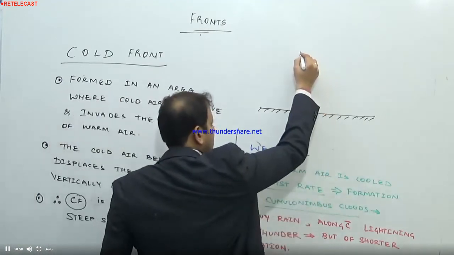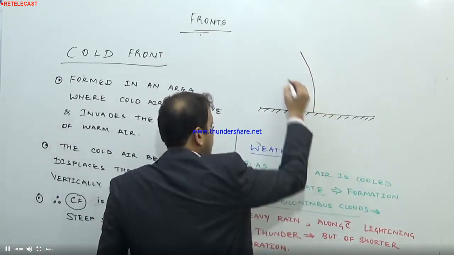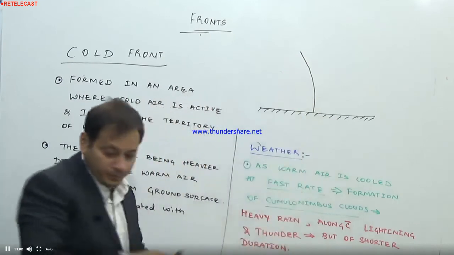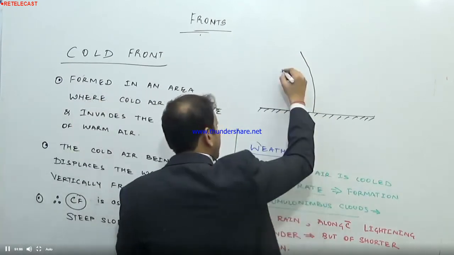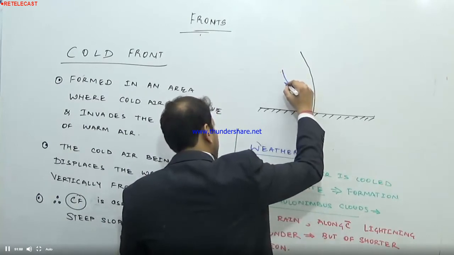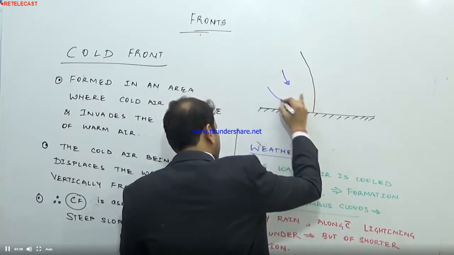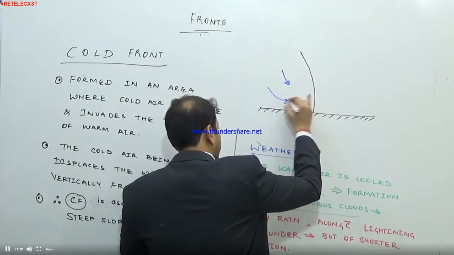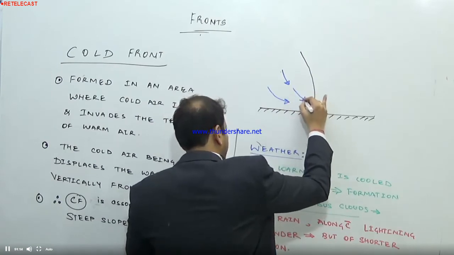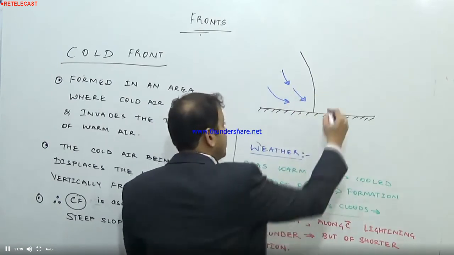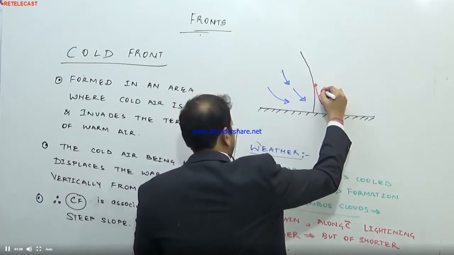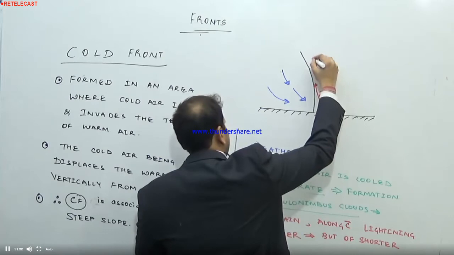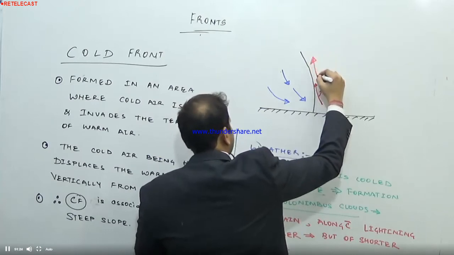So here, this is a cold front slope. The cold air is invading the territory of the warm air, and because it is invading the territory of the warm air, it is displacing the warm air along a steep slope.